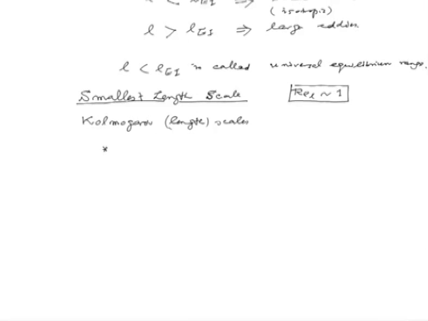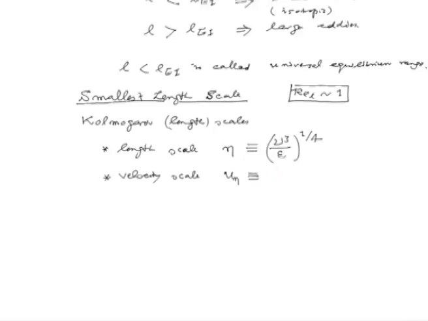For the length scale we would use the symbol eta. Eta is defined as nu cubed divided by epsilon, to the power 1 by 4. Now, these estimates were derived based on dimensional arguments. Similarly, Kolmogorov defined a velocity scale, denoted by u subscript eta.